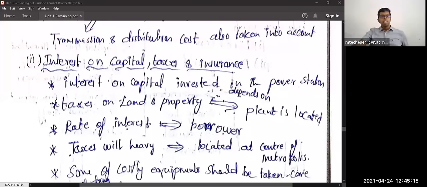If they spend a huge cost on constructing this power plant, they can't run the government. So they will allot only 10% of the money from the government. For the other 90%, they will go for a loan from the World Bank.